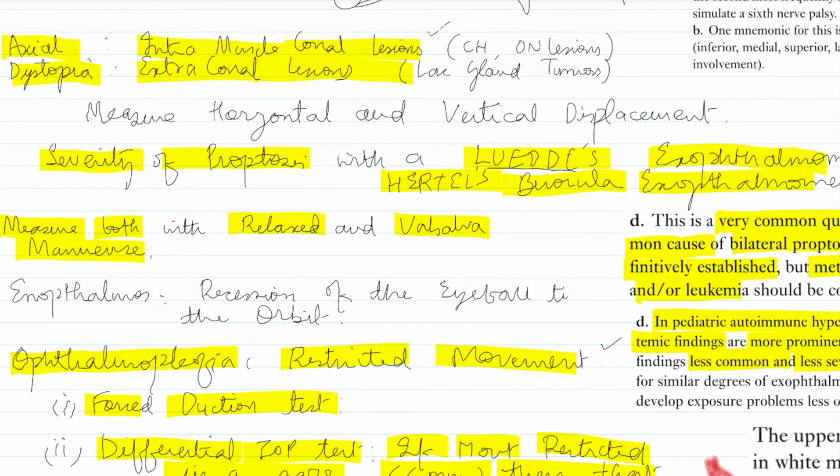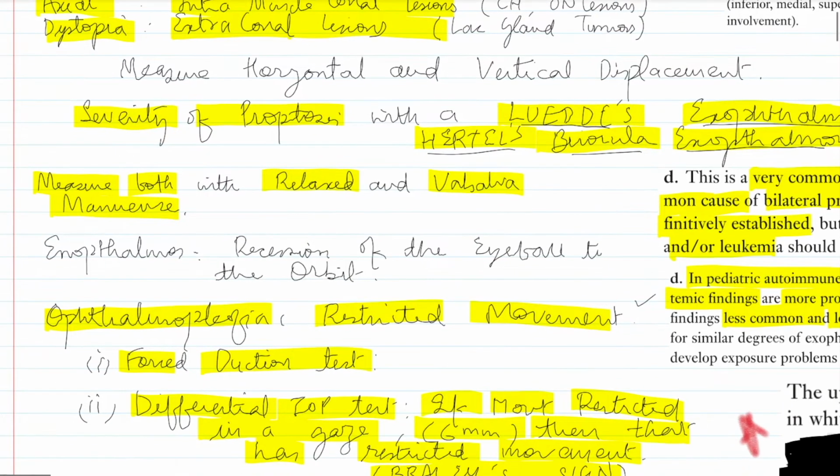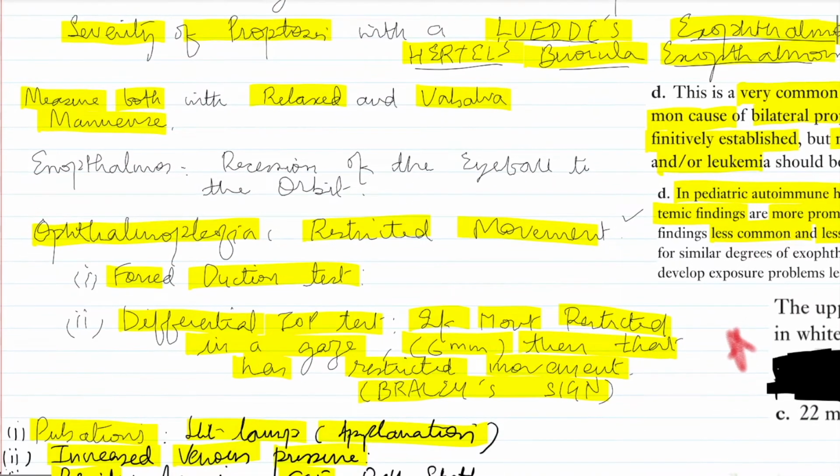The severity of proptosis can be measured with the help of a Luedde's exophthalmometer and also a Hertel's binocular exophthalmometer. You should measure the proptosis in a relaxed state and with a Valsalva maneuver to see if there is a variation.